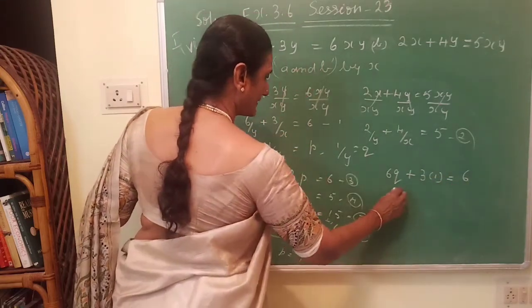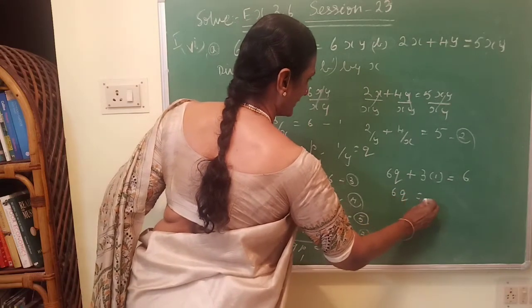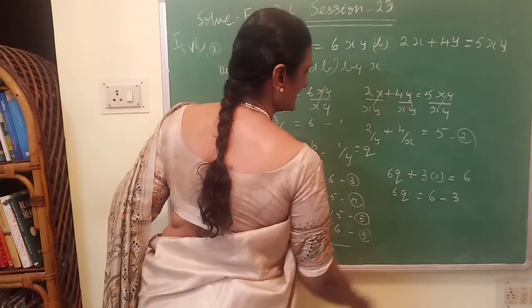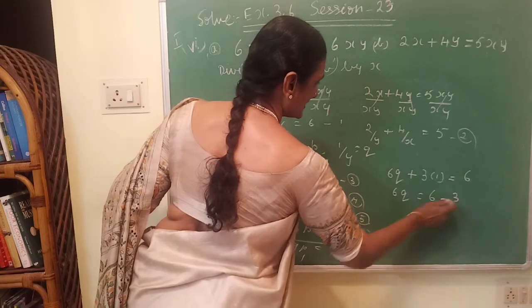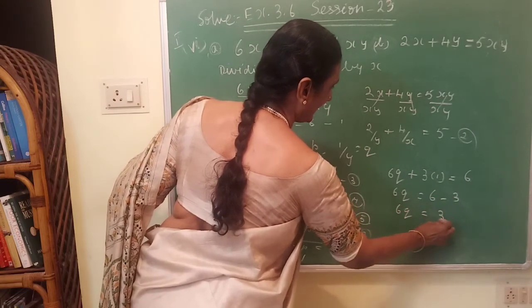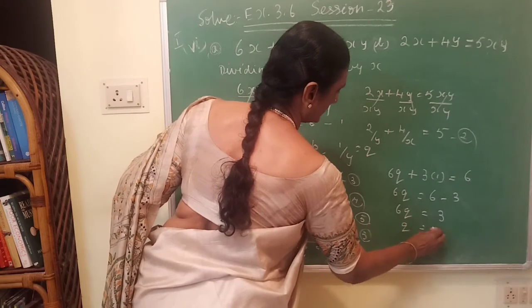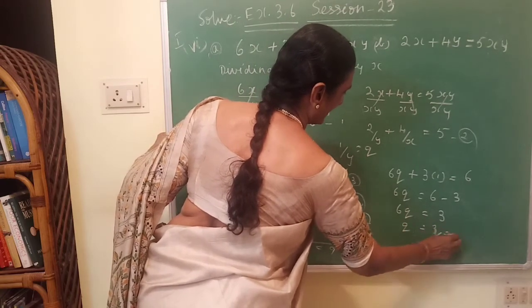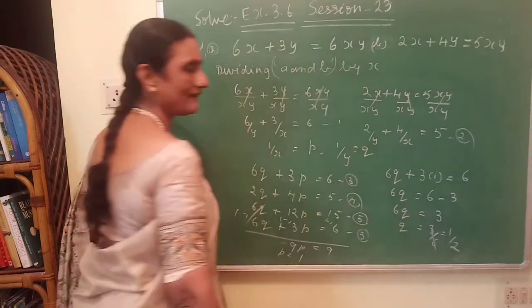Therefore, 6q is equal to 6 minus 3. Therefore, 6q is equal to 3. Therefore, q is equal to 3 by 6, that is 1 by 2. So this I have got.